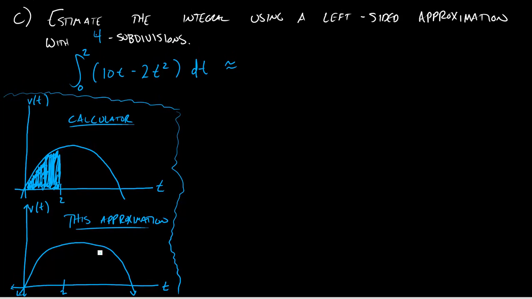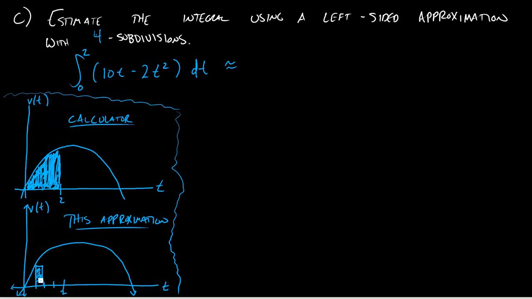But rather than find that exact area, I'm going to do something a little bit silly. I'm going to make your life a lot harder. I'm going to draw 4 rectangles, and I want to approximate this area using rectangles like this. Specifically, when it says left rectangles, the height of your rectangles is the height of your left endpoint. So the rectangle that goes between t equals 1 and t equals 2 only goes as high as this left endpoint.